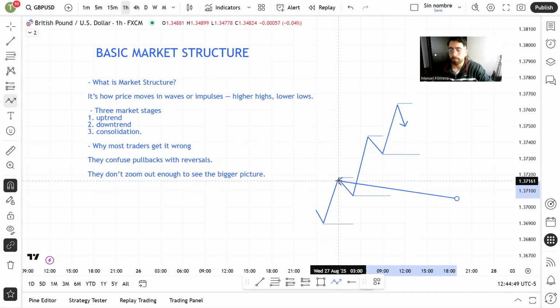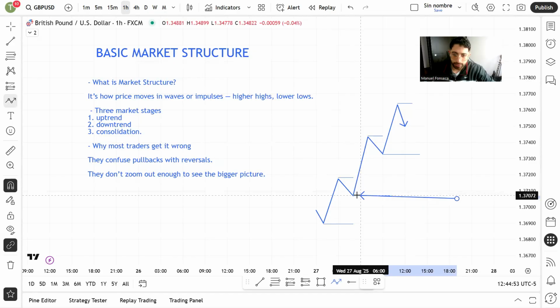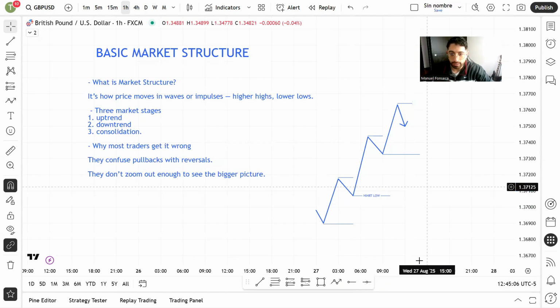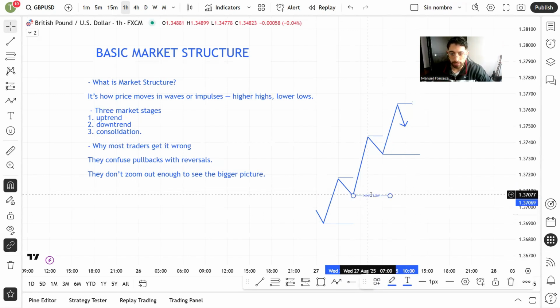The next footprint the price leaves us is this low, but it is now called a higher low, because this low is actually higher than the previous one, correct?